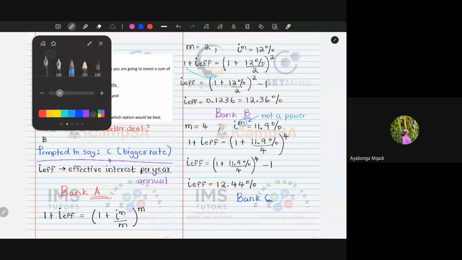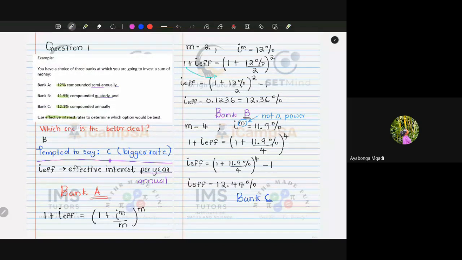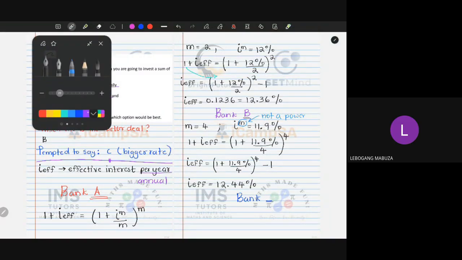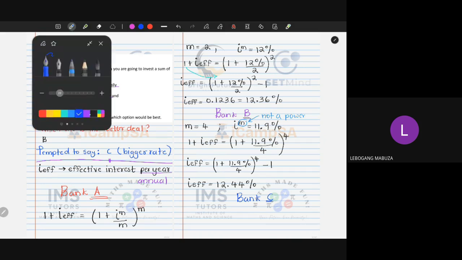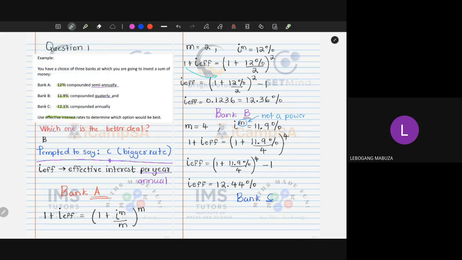So from Bank C, guys, what is our compounding period? Once in a year, sir. Oh, so they said annually. So for annually, how many annuals are there in one annual? That is interesting English. But what is our M, guys?